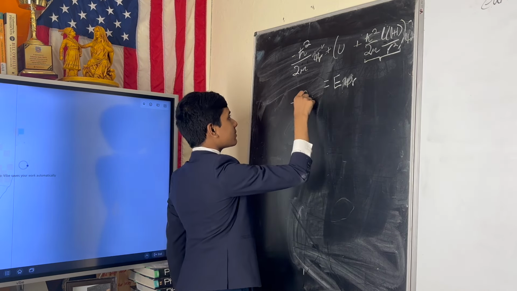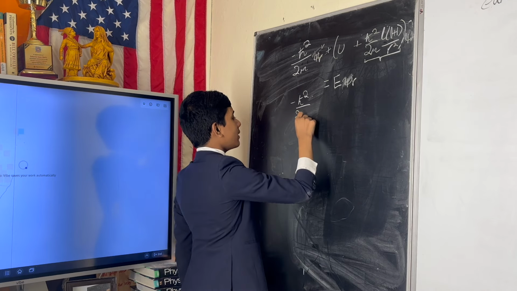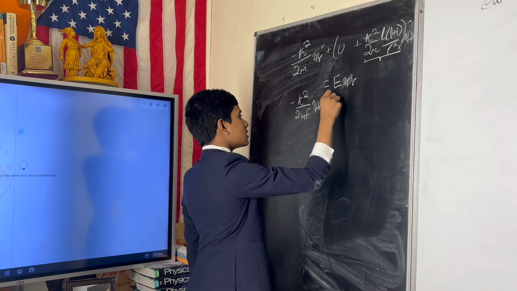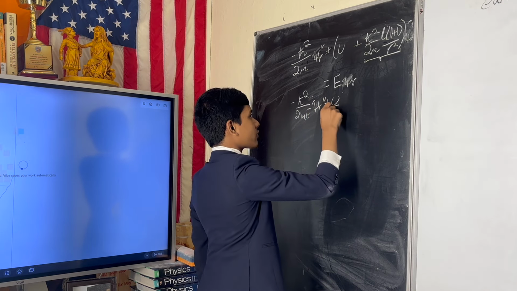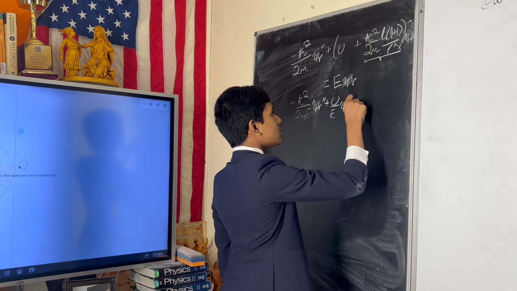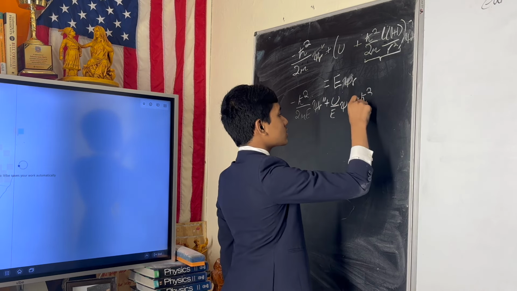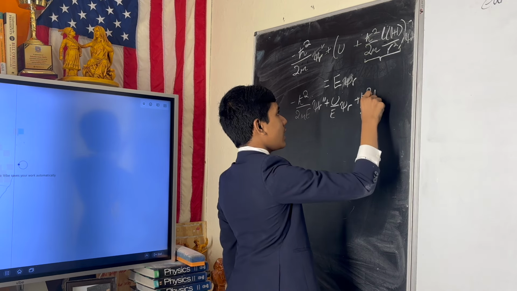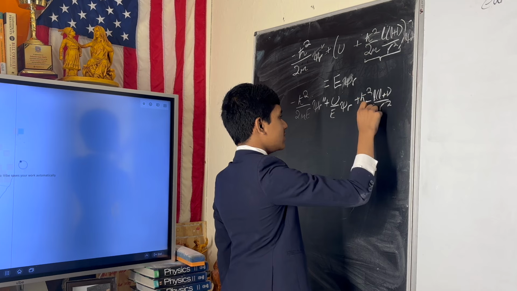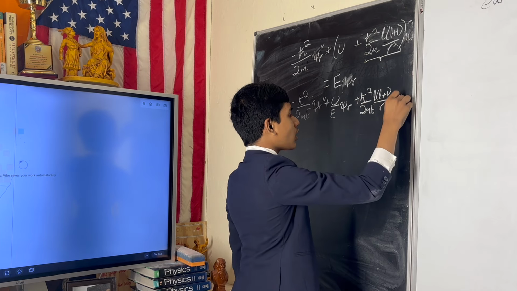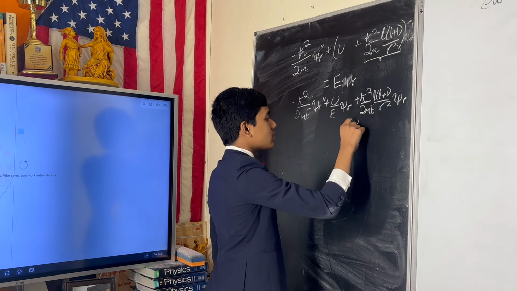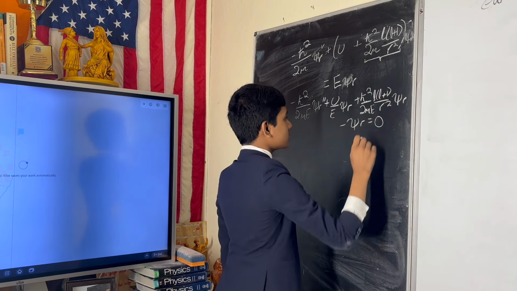We get minus h bar squared over 2me psi r double prime plus u over e psi r plus h bar squared over 2m l times l plus 1 over r squared, there's an e over here, psi r, and then you're going to have the minus psi r is equal to 0.